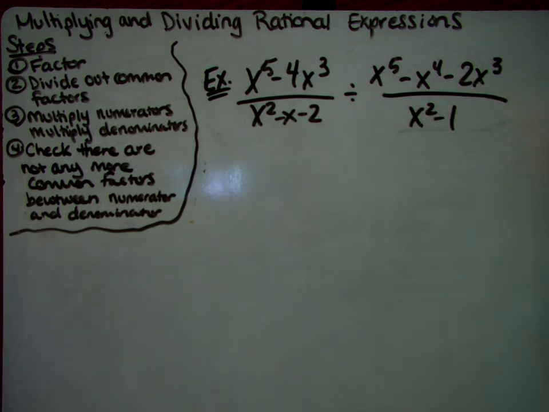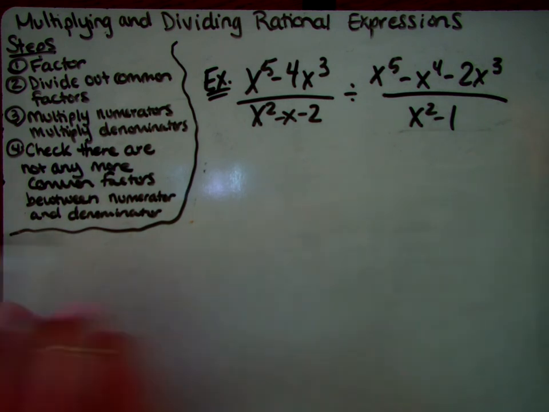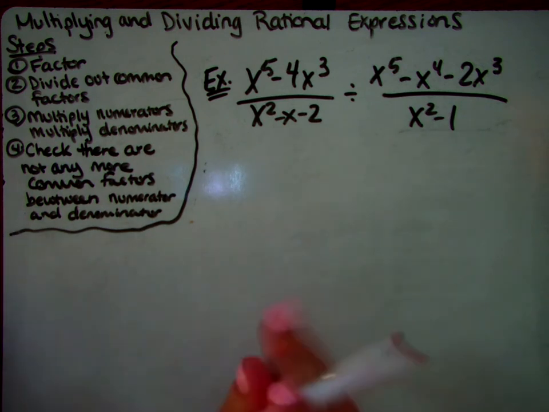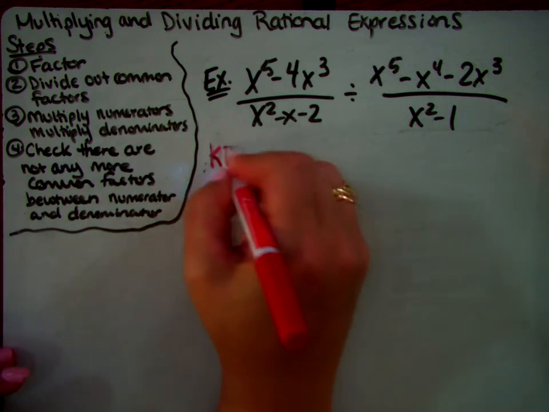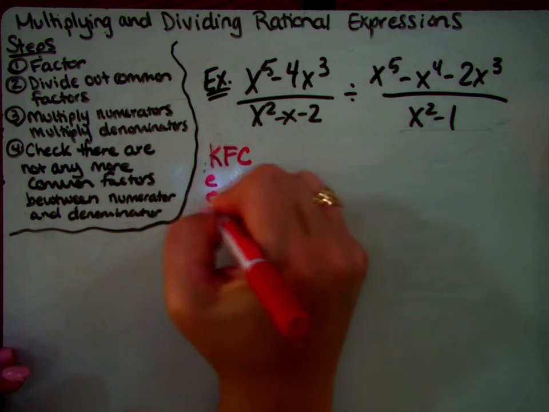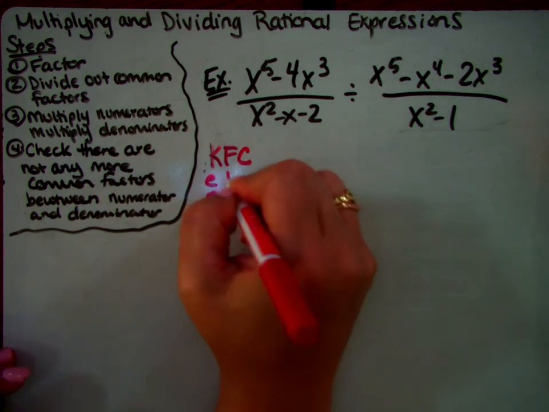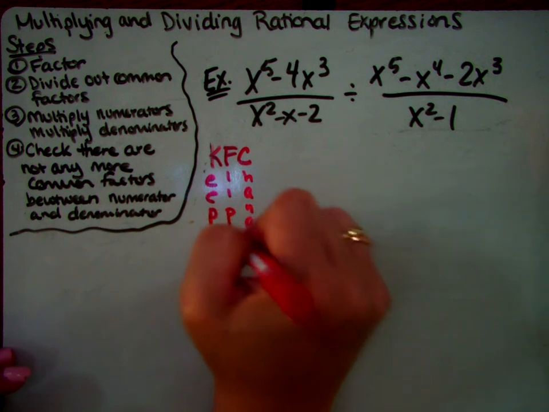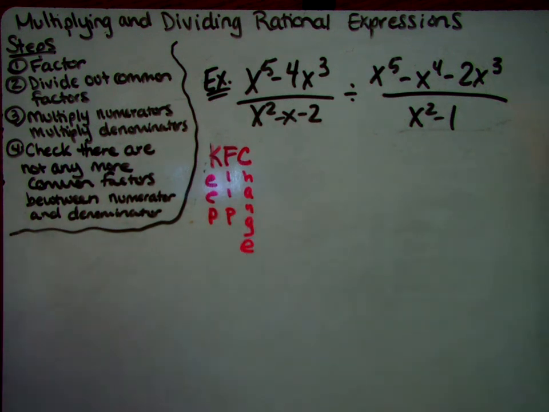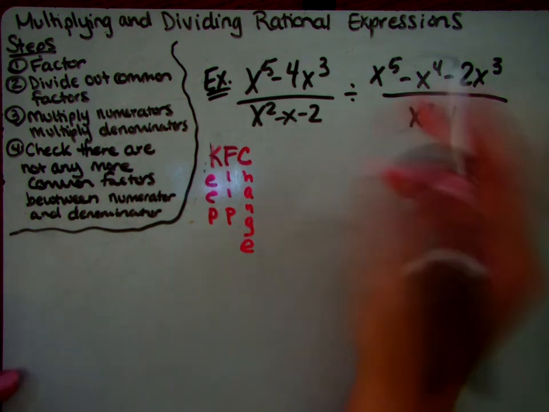Remember back in elementary school, 4th and 5th grade, we learned how to divide. The first thing that we learned was you don't divide fractions ever. So think about KFC. You keep the first one, you flip the second one, and you change your sign. So we flip the second and we multiply.